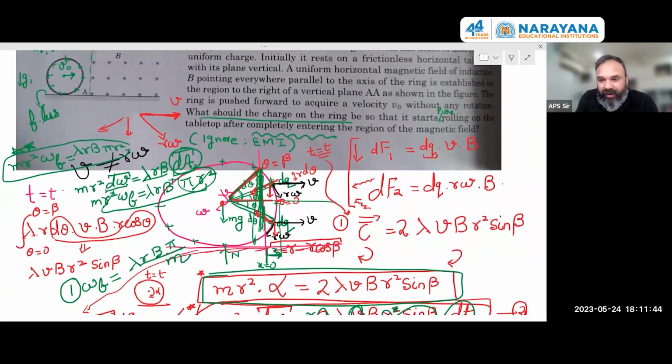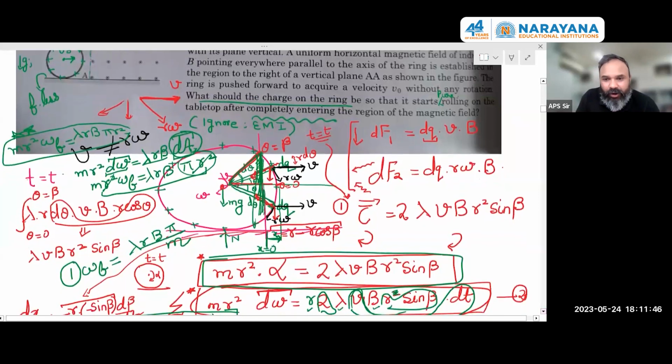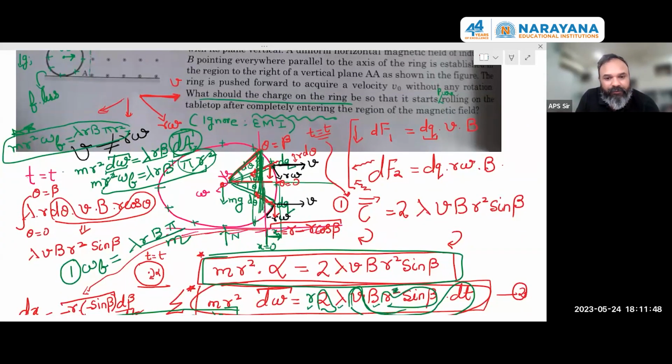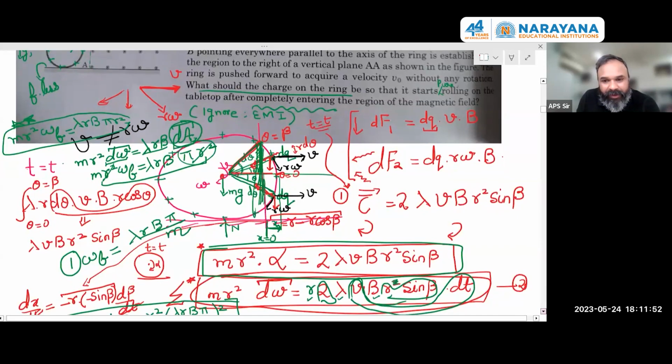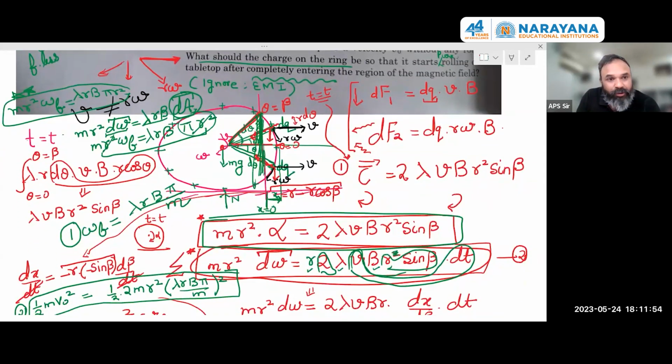If you observe carefully, I wrote it like torque, and then I wrote torque as I alpha, and alpha is d omega by dt. Basically, if you observe the d omega term, the angular impulse term is equal to change in angular momentum. The change in angular momentum of the system is the net angular impulse. And when you observe the net angular impulse, it is something which is proportional to the area which is entering inside the field.